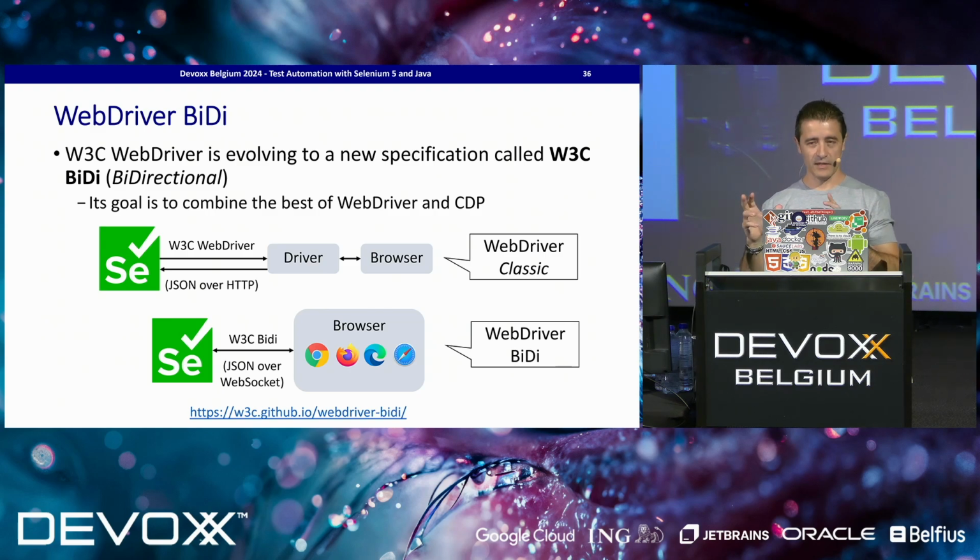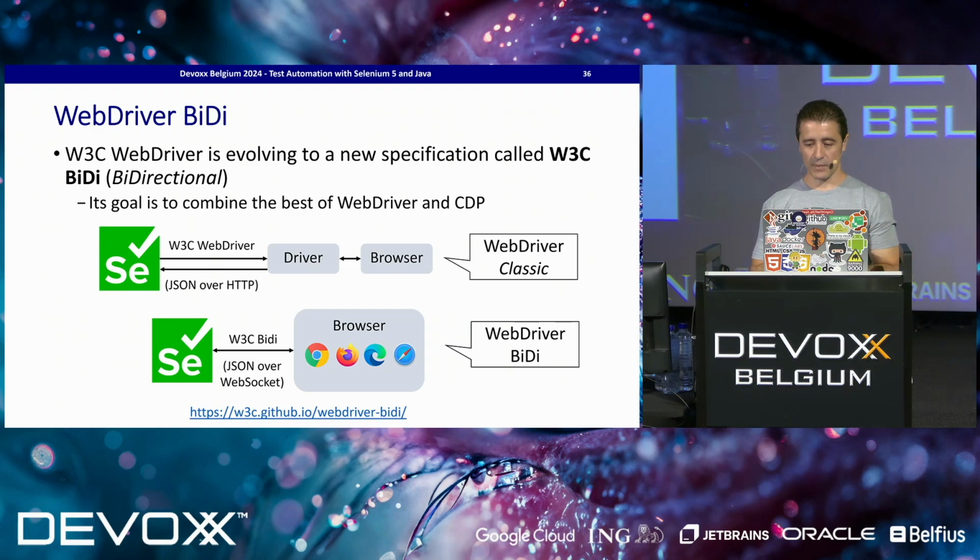And it has some ideas from CDP. CDP uses WebSocket communication between the client and the browser, and WebDriver BiDi is adopting this because it's a better idea than using HTTP. You know, request-response is not the best, but having the chance for each peer of the communication to start messages through a WebSocket is a great idea for new features.